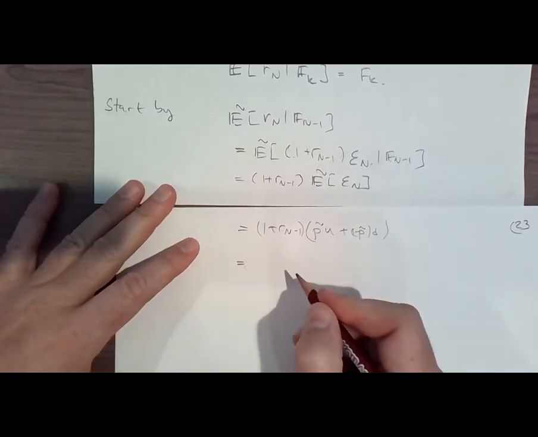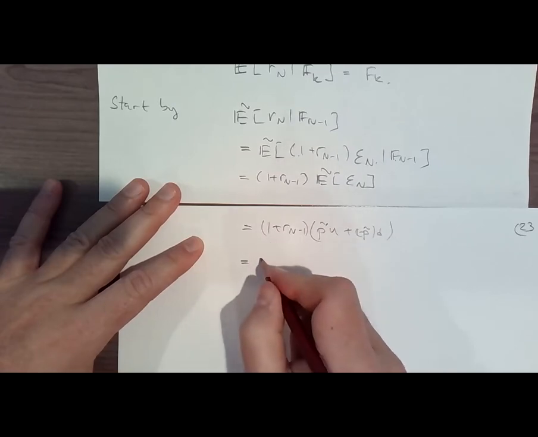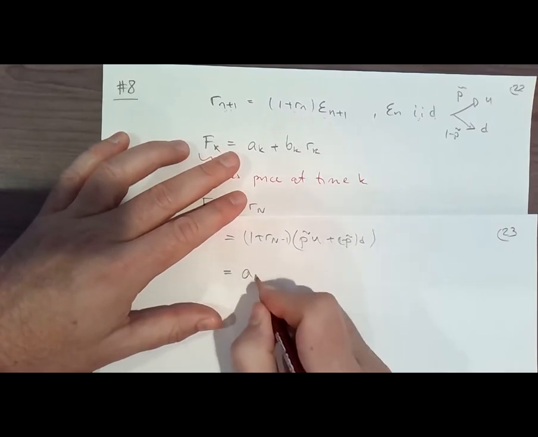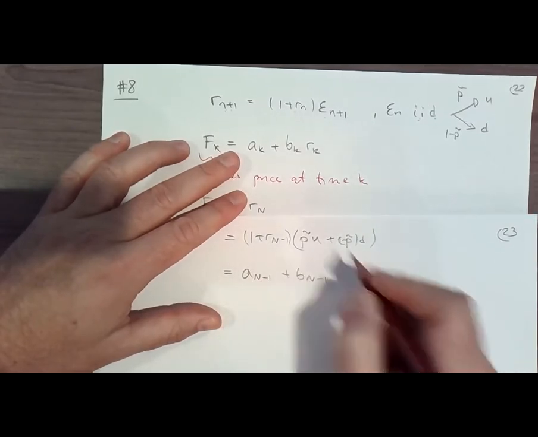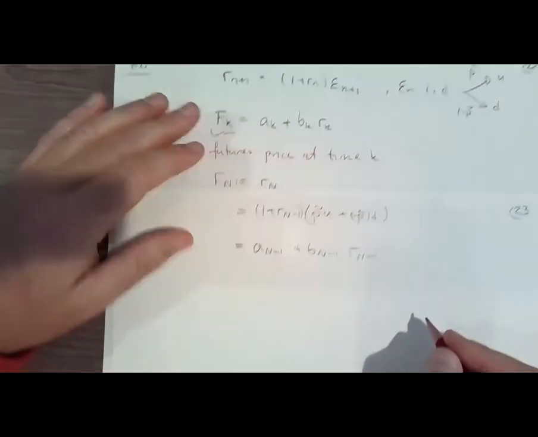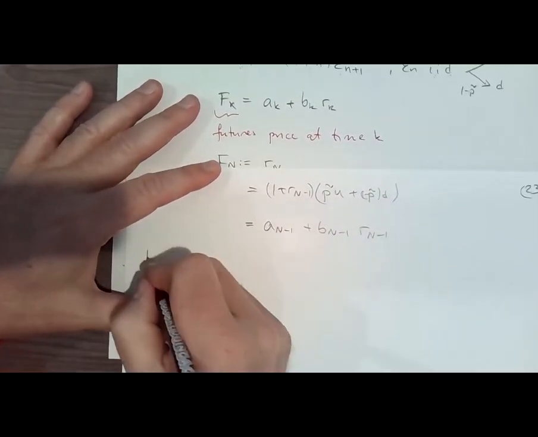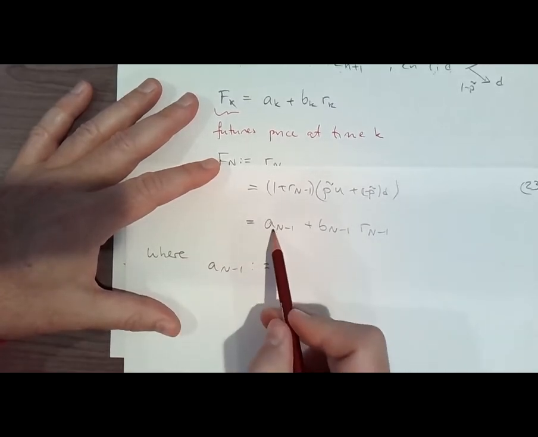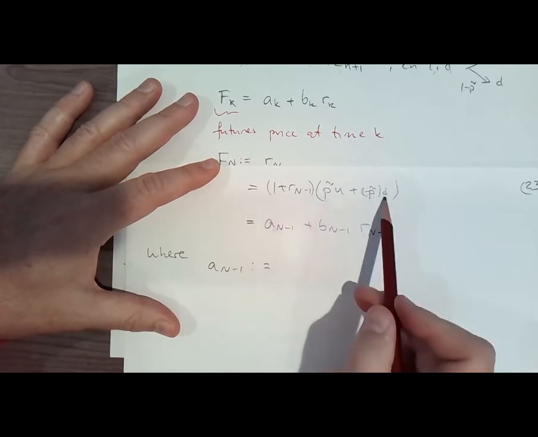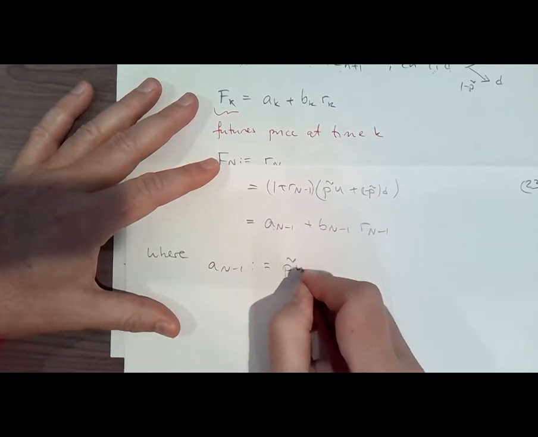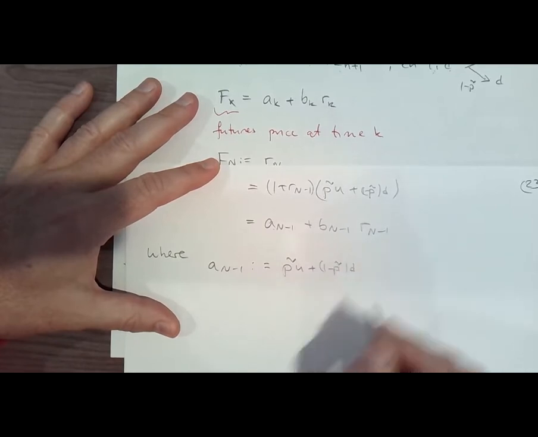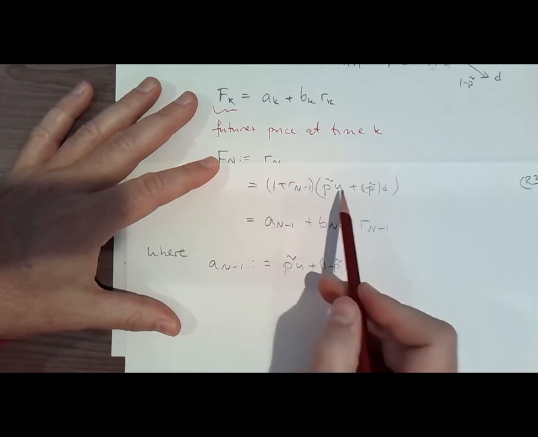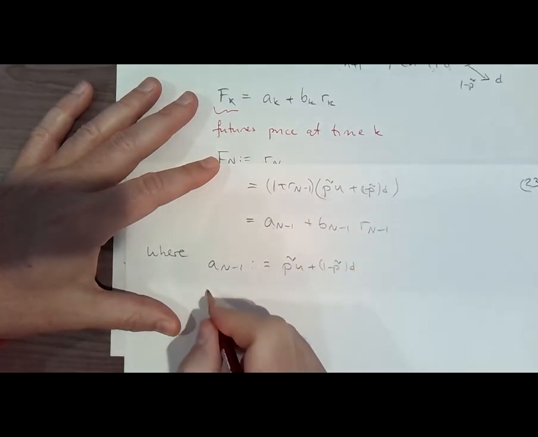This is really of the form A n minus 1 plus B n minus 1 times Rn minus 1. And you can match up coefficients. The A n minus 1 is going to be this one over there, and B is going to be the same.